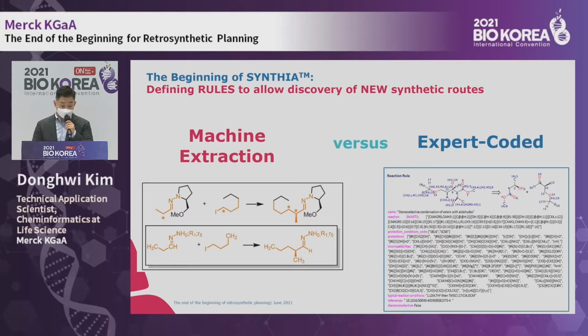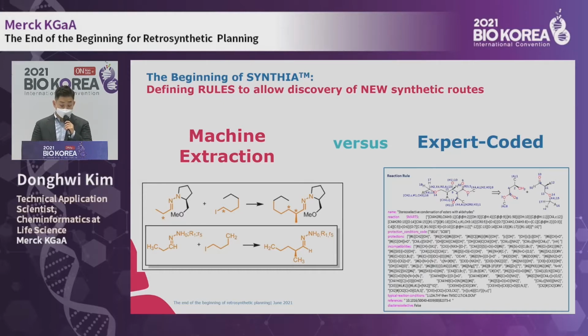To accomplish this, there were two options available at that time: one is machine extraction, and another is the hand-coded reaction rule database of Synthia. Unfortunately, with machine extraction from the literature, it's not possible to know how the reaction core should be or how to accurately select incompatible functional groups.